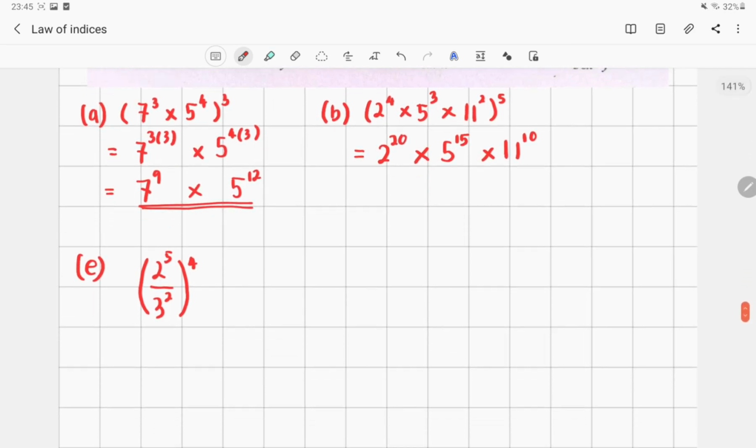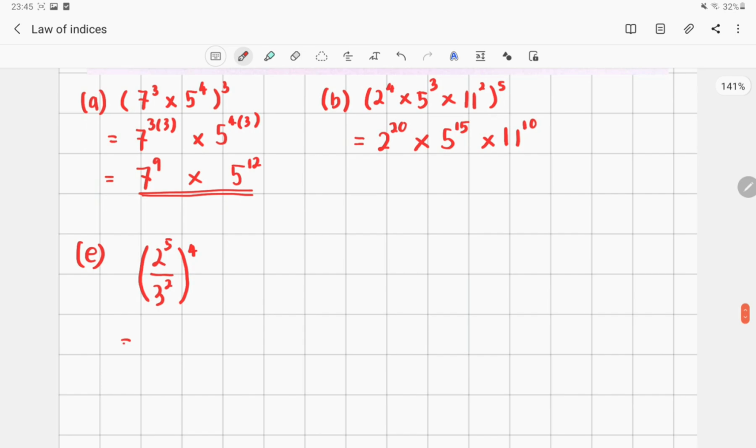So this one will be 2 to the power of 20 over 3 to the power of 8. All the indices inside the bracket must be multiplied by the index outside the bracket.